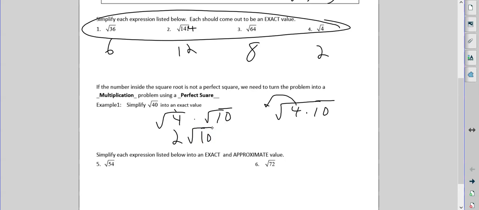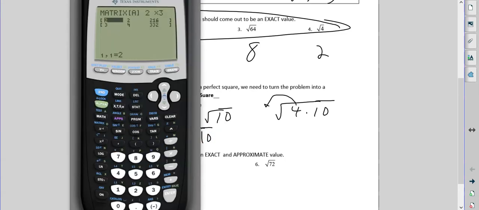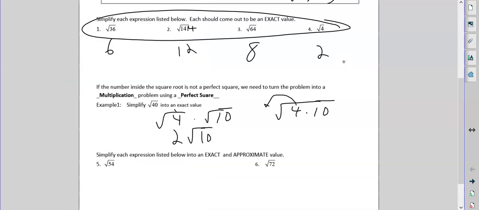And just so you know how it works, if we took the square root of 40, we get 6.32, and so forth. If I take 2 times the square root of 10, I get the same answer because they are equivalent. It has just been simplified.